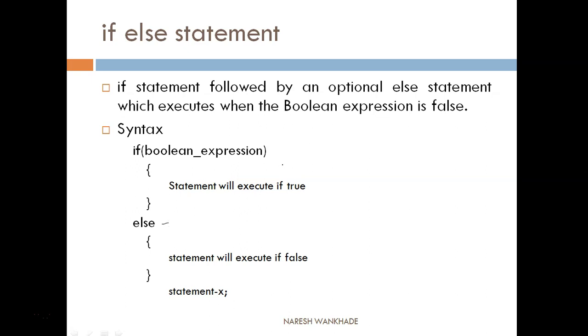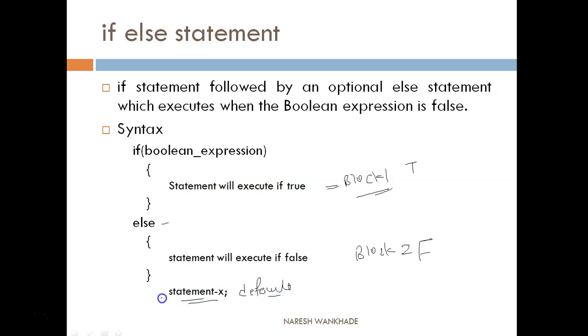And if this condition is true, then this block of statements will be executed. Block 1 will be executed if the condition is true, and block 2 will be executed if the condition is false. And statement X is basically the default statement which is outside the block.